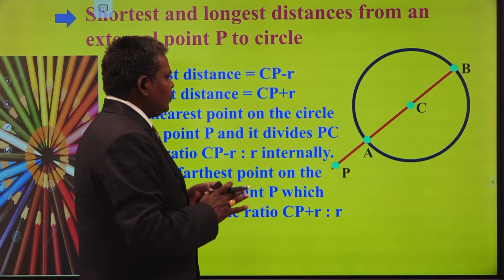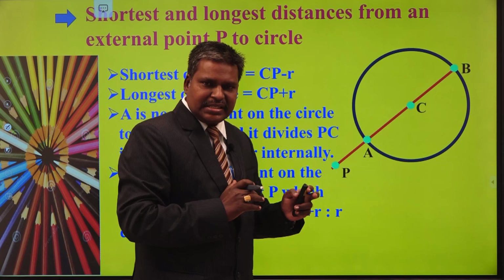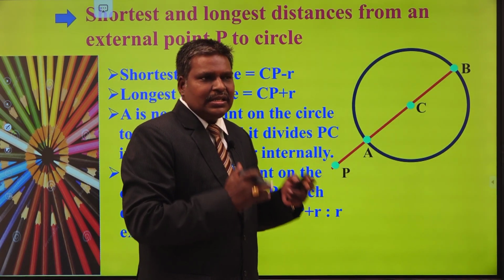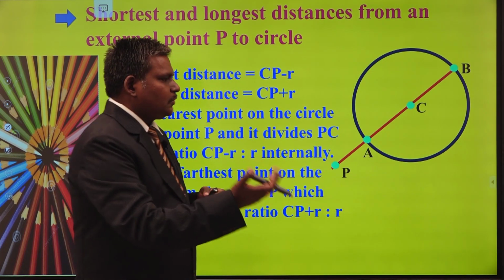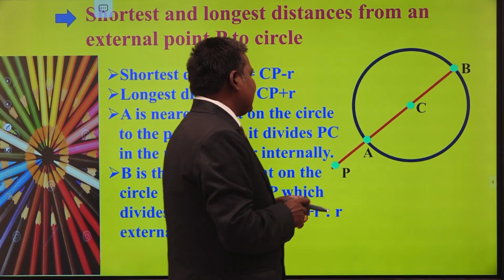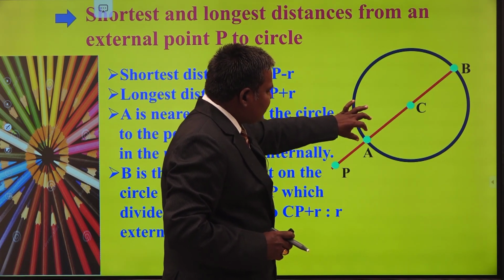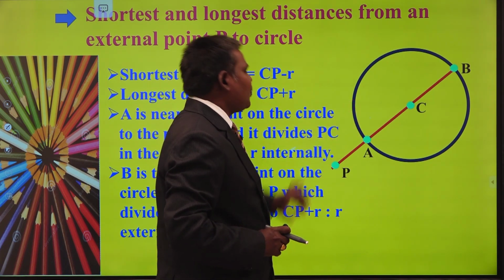Understand? So in this section, we discussed how to obtain the shortest distance and longest distance from a given point to a point on the circle. We mean you have to pick out the point on the circumference of the circle that is nearest to your point.